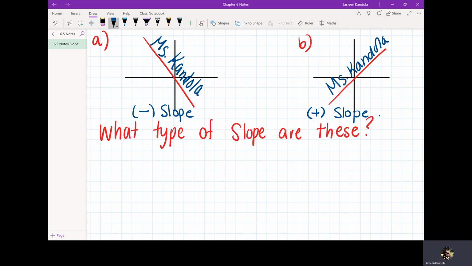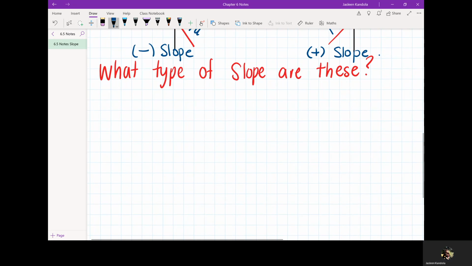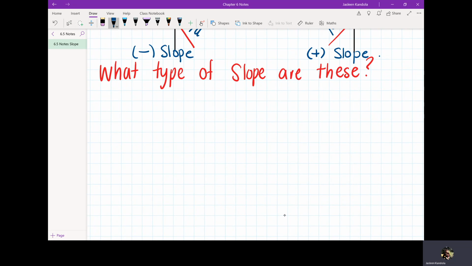So now we're on the next type of slope, and this is when you have a zero slope. A zero slope is a horizontal flat line.